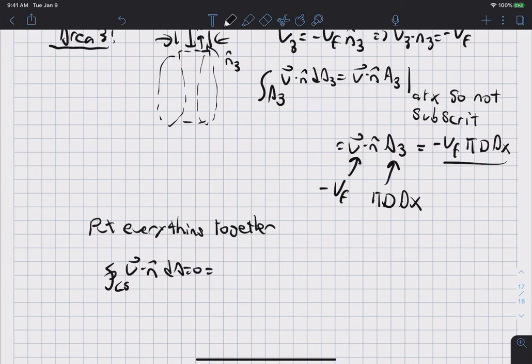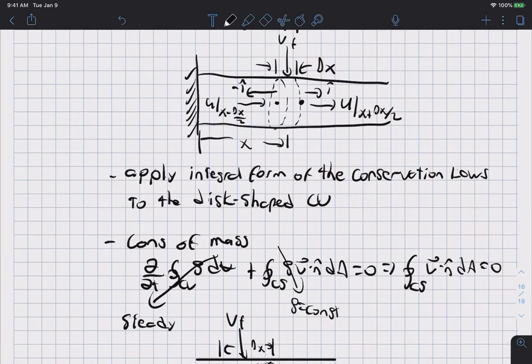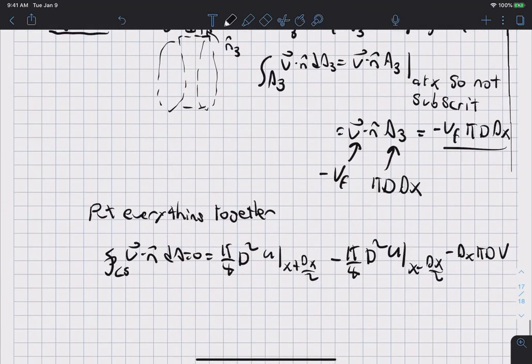And we add the contribution from area 1, that's pi over 4 d squared, which is just the disk area, times the mean velocity leaving through that disk, given by u at x plus delta x over 2, plus the contribution from area 2, which is negative pi over 4 d squared times u at x minus delta x over 2, plus the contribution for the mass coming in through the circumference of the circle, and that is equal to minus delta x pi d Vf.